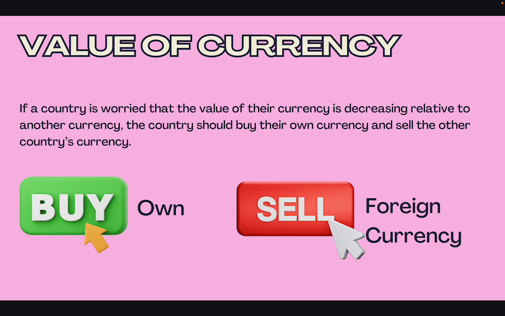The country that is worried about the value of their currency should buy their own currency and sell the other country's currency. You buy your own, you sell the foreign. Okay?